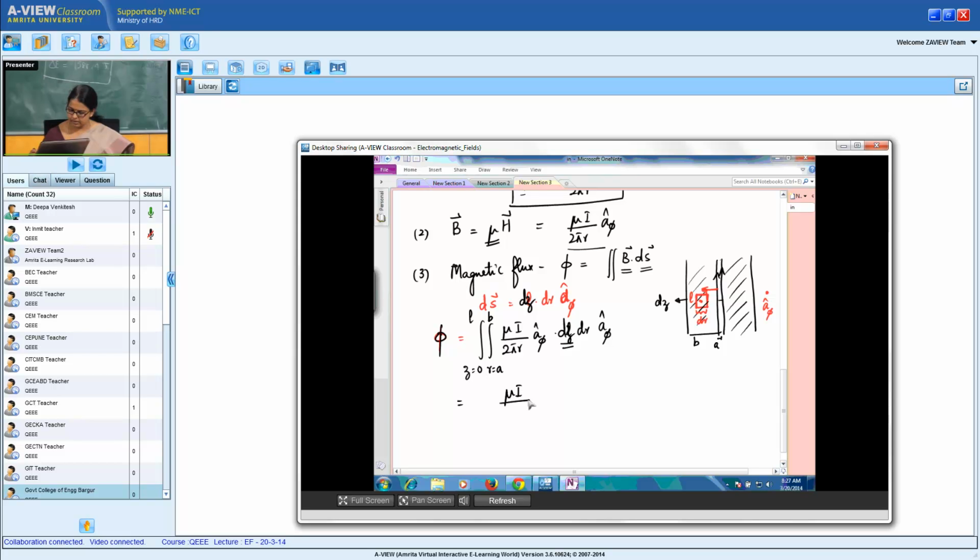So if I do this integration by 2 pi, dz integration will directly give me L, and dr over r will give me ln of r between the limits A and B. So this is mu I L by 2 pi ln of B by A.